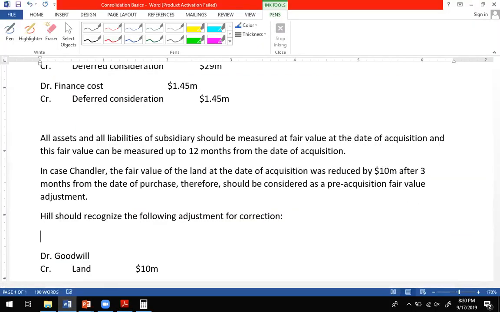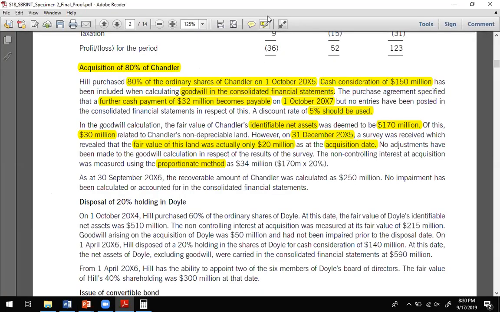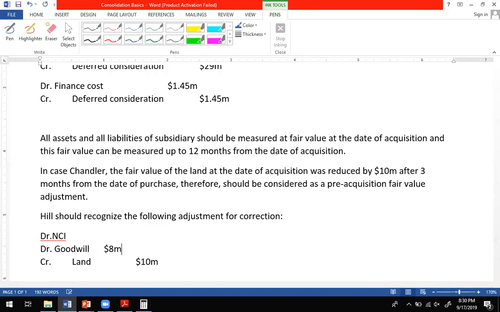So that is why in the entry we are also going to write NCI debit. So we are going to debit the goodwill by the holding percentage, which was how much? Which was 80%. So $8 million will go to the goodwill and the remaining $2 million will go to the NCI.